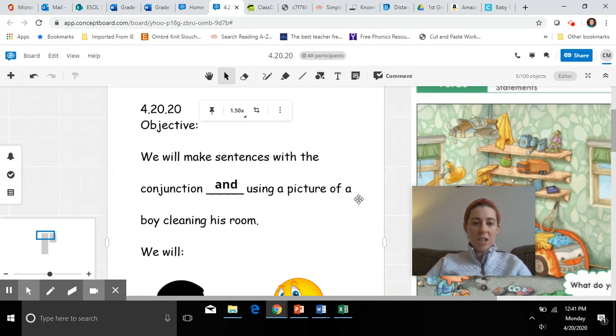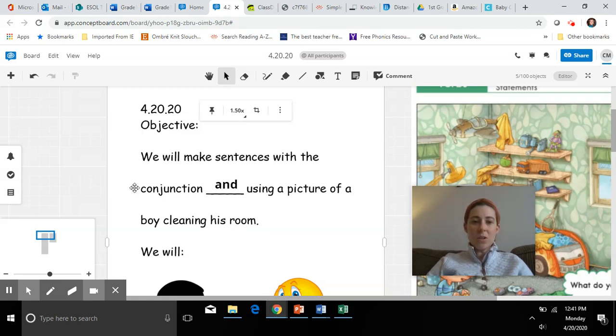Using a picture of a boy cleaning his room. Okay, let's try that together. I say, you say. We will make sentences with the conjunction and using a picture of a boy cleaning his room.